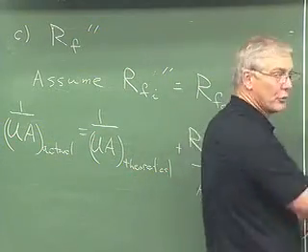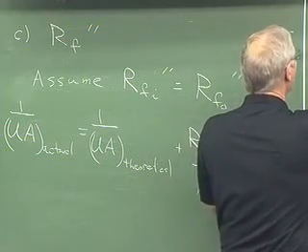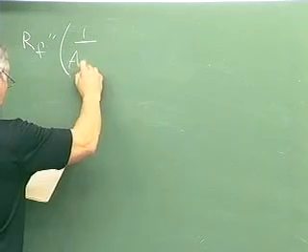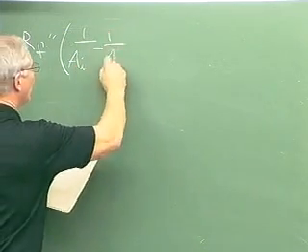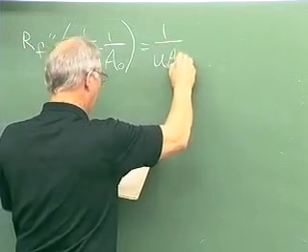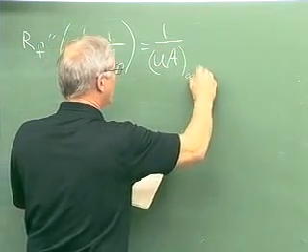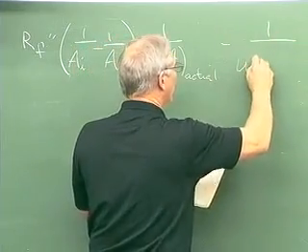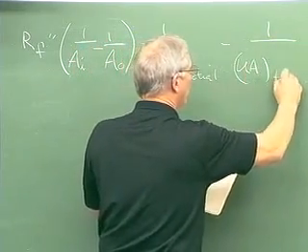So what we get after some algebra is that RF double prime times (1 over AI minus 1 over AO) equals 1 over UA actual minus 1 over UA theoretical.